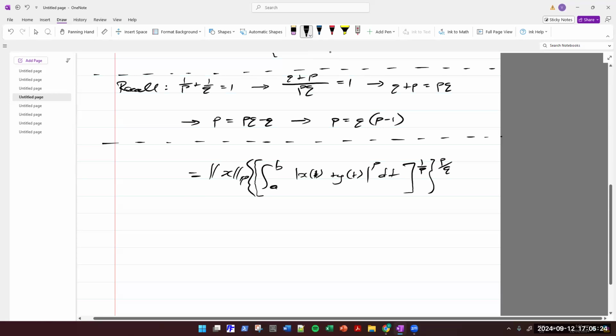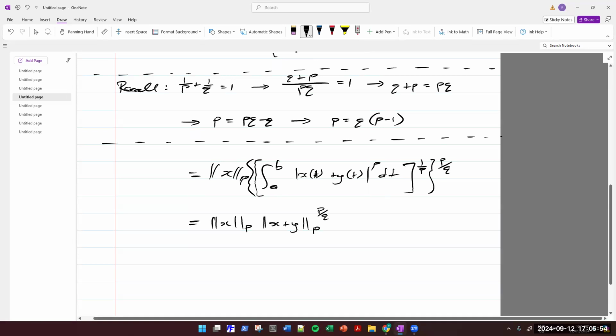That way, when you multiply it, you'll get 1 over q. And this term is just a norm. So that's equal to the norm of x, p, and this thing is just the norm of x plus y, the p norm, but it's being raised to the power of p over q.